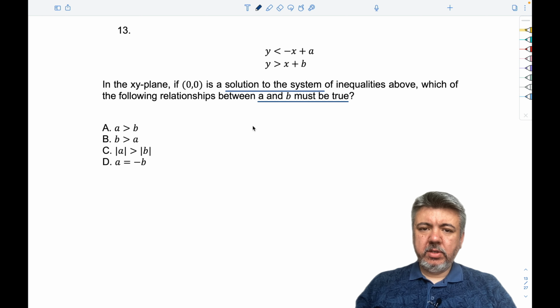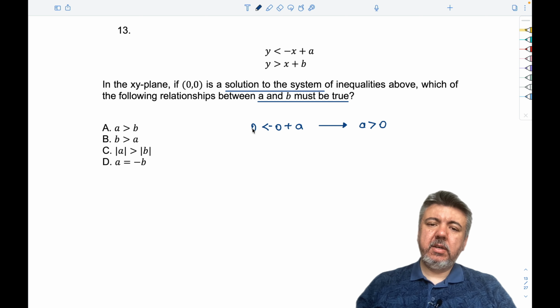In the first one, 0 less than 0 plus a. Actually negative 0 plus a, but doesn't matter. That leads me to a being positive. Look at here. 0 greater than 0 plus b. That is b being less than 0.